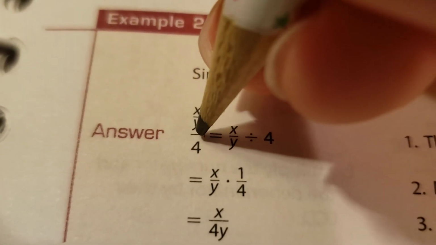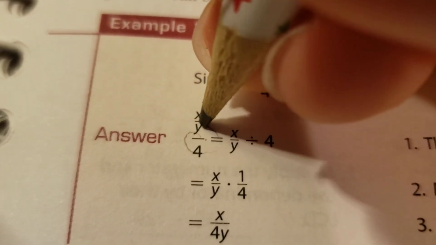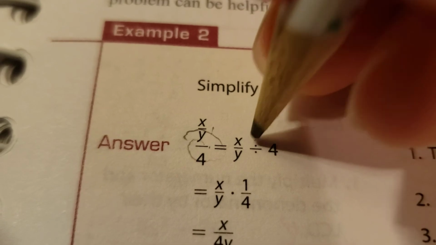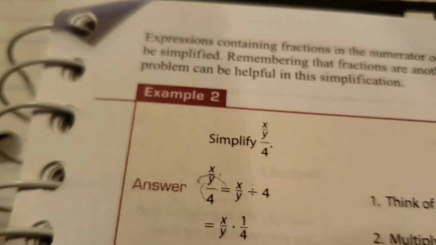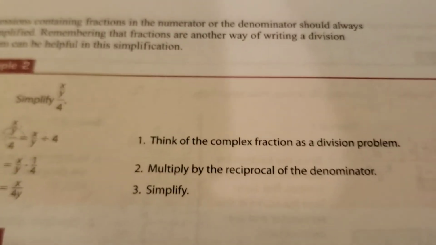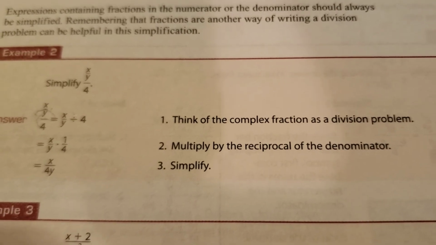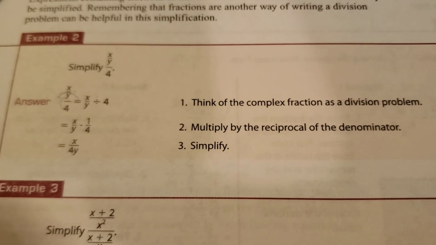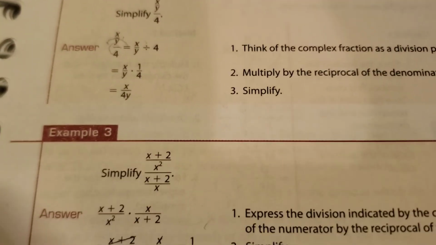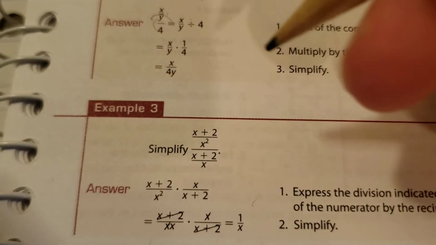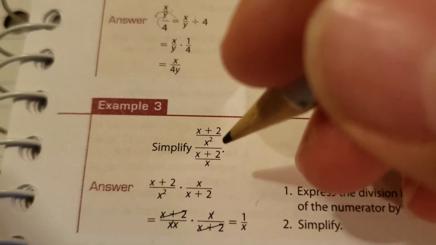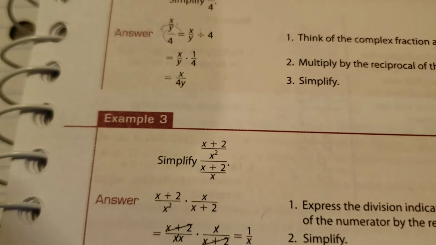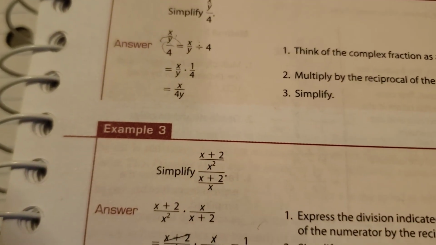The more obvious outside one is what becomes the division sign. Yep, this is just straight from your notes. We can do this one as well. And again, we've got 1, 2, 3. So that's easy enough to remember.